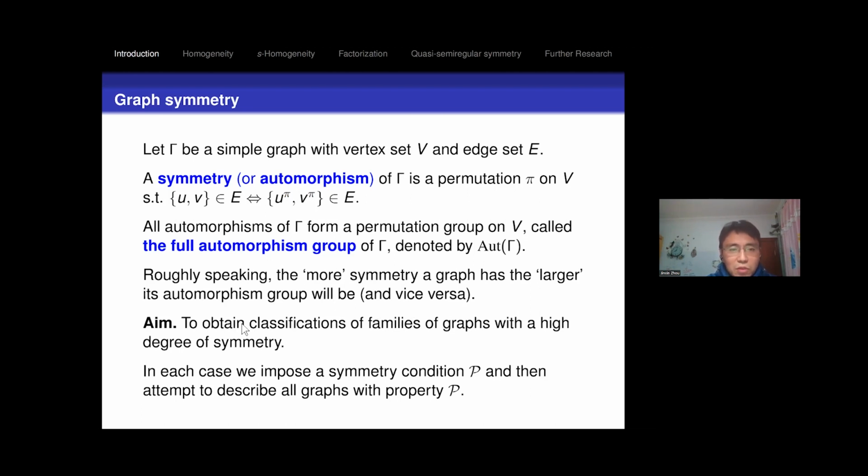We are mainly interested in the problem about the classifications of families of graphs with a high degree of symmetry. In each case, we may impose a symmetric condition P, and then we may attempt to describe all graphs with this given property.